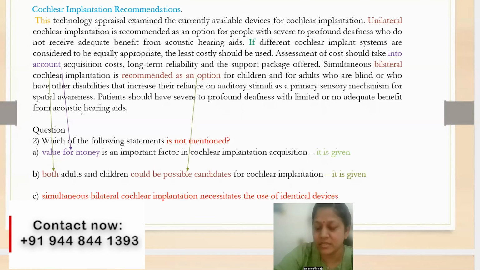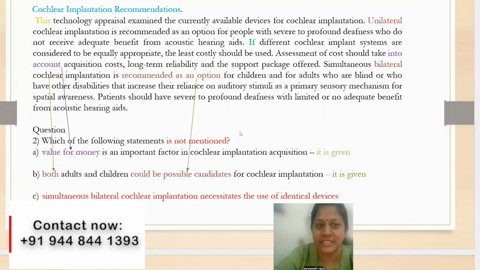Now C, simultaneous: we can read here, the simultaneous bilateral cochlear implant, they are telling that it is recommended for the kids only. They did not tell that it necessitates the use of identical devices. That is never mentioned in the text. So this is not given in the text, so this is our answer.